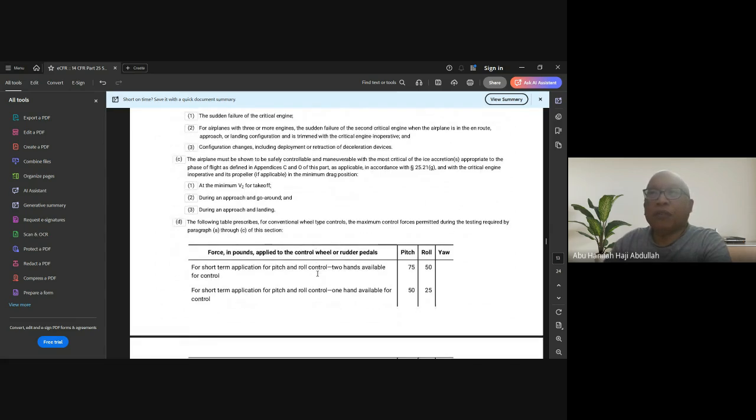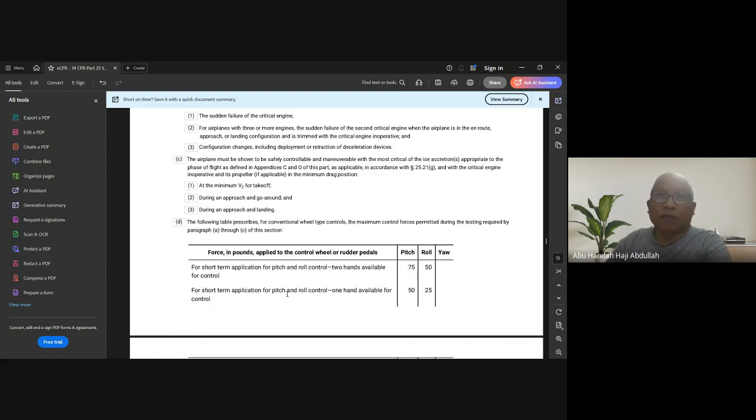This is the control force, for roll, in pounds. For short-term application, for pitch and roll, with two hands available for control: 75 pounds for pitch, and for roll, 50 pounds.